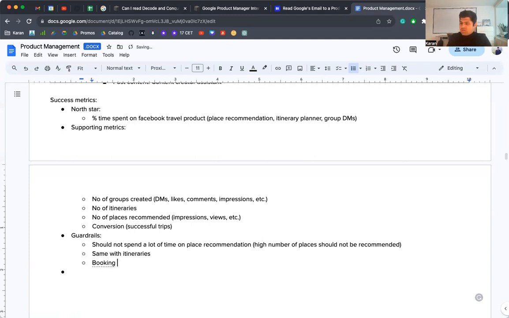Some way to check bookings that have been rerouted to third-party aggregators. Whether booking is successfully done when rerouted to third-party aggregators, because otherwise we are probably losing out on the journey.